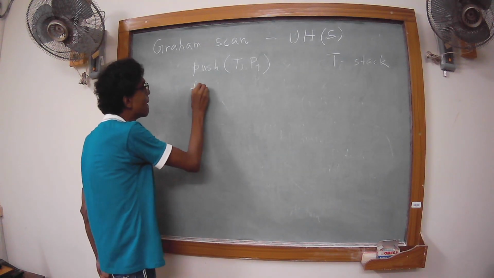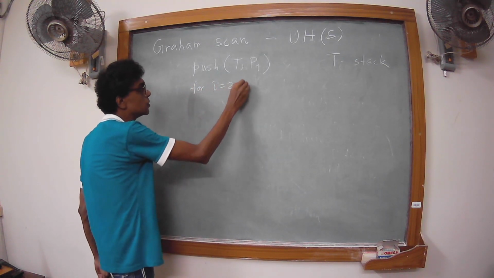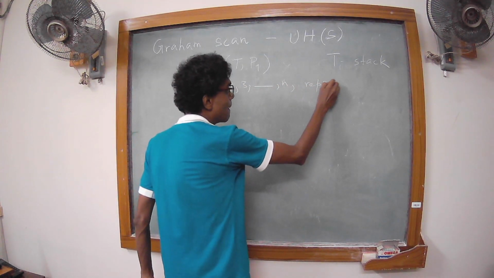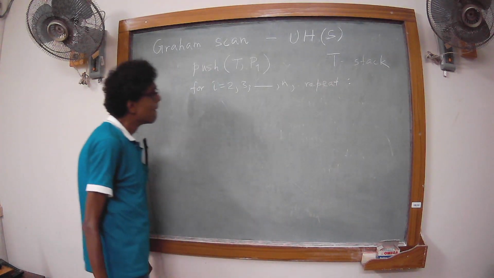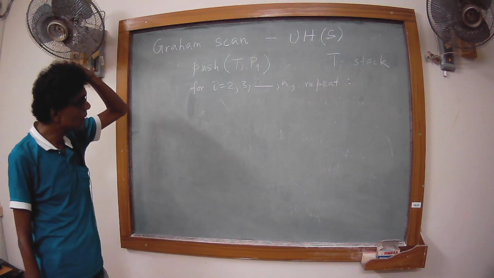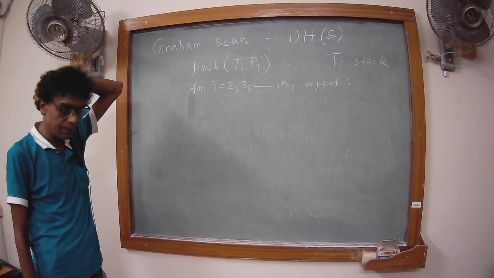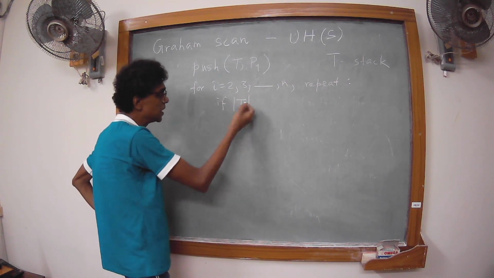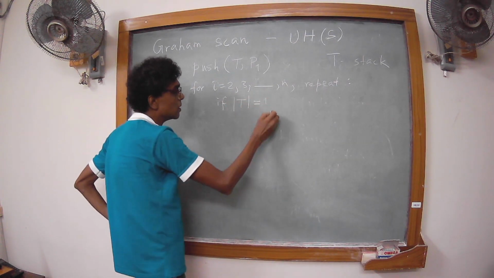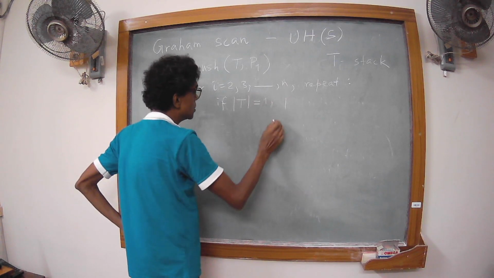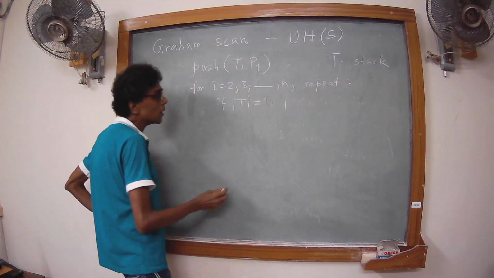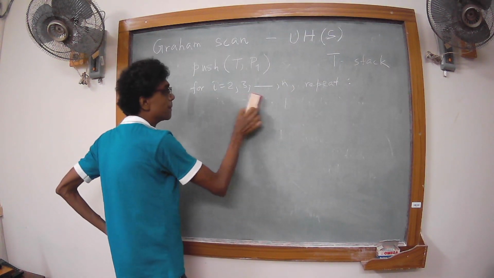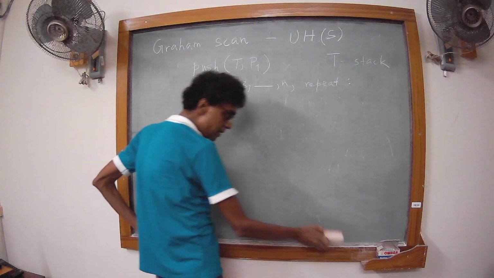Then for i equal to 2, 3 up to n, you repeat. Okay. If size of T, let me write it this way, is 1, push, or maybe why do I treat it separately? Maybe I write this way.